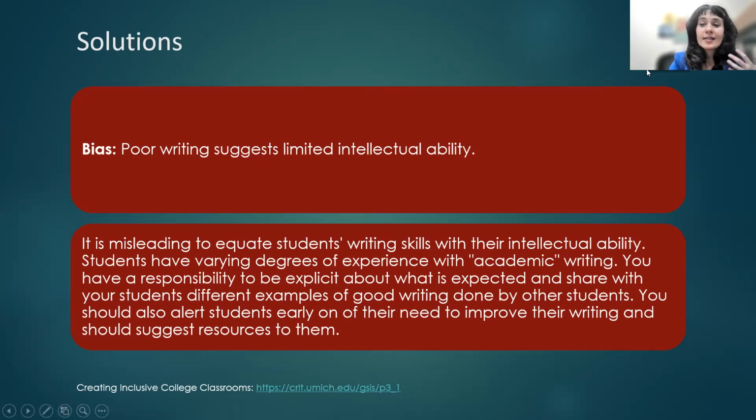So you, as their instructor, have that responsibility to be explicit about your expectations, and share some good models, some examples of good writing for specific assignments, perhaps done by other students, obviously names removed. Also, it's important to connect students to campus resources from the beginning.